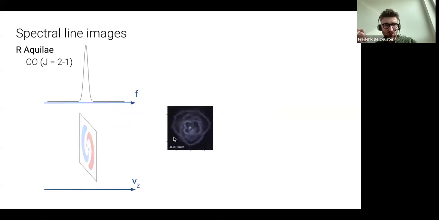Here you see a black and white version of the image that you saw before. What we see here is the CO emission. CO is a molecule: two atoms close together, like two balls. It can fairly easily rotate, and these rotations are quantized, so small that you can quantize the different rotation states.